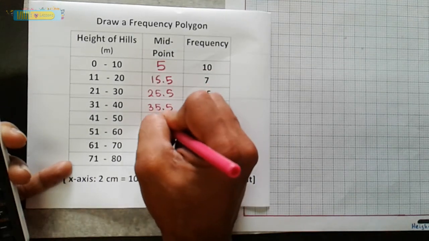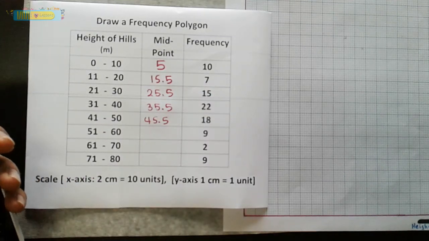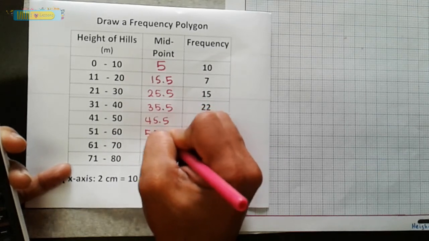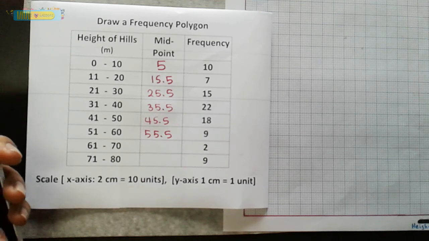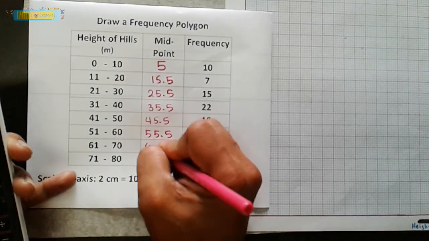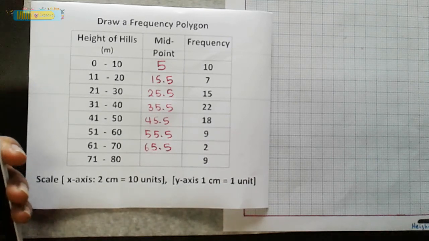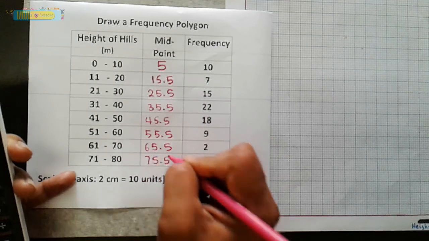I got 45.5. 51 plus 60 divided by 2. I got 55.5. And the midpoint of 61 and 70, I got 65.5. 71 plus 80 divided by 2, I got 75.5.